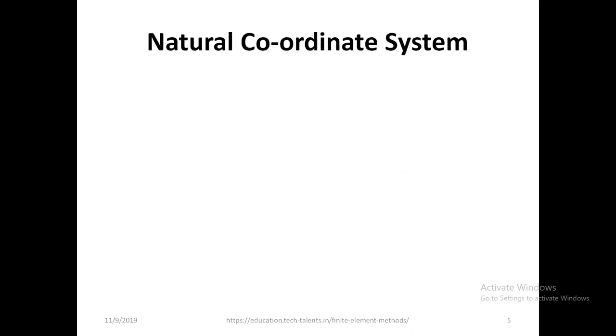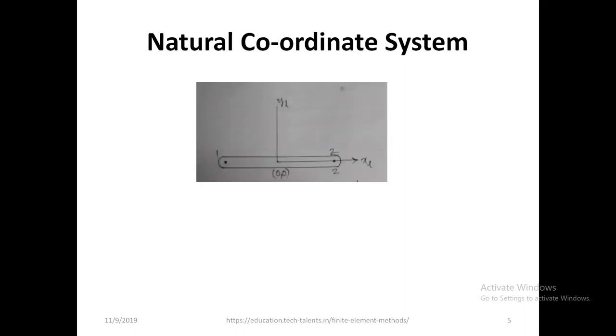Now coming to the natural coordinate system. The natural coordinate system is also a kind of local coordinate system. The only difference is the origin is lying at the center of the element. As you see here, the origin is exactly located at the middle of this element, 0 0 at the middle of the element.